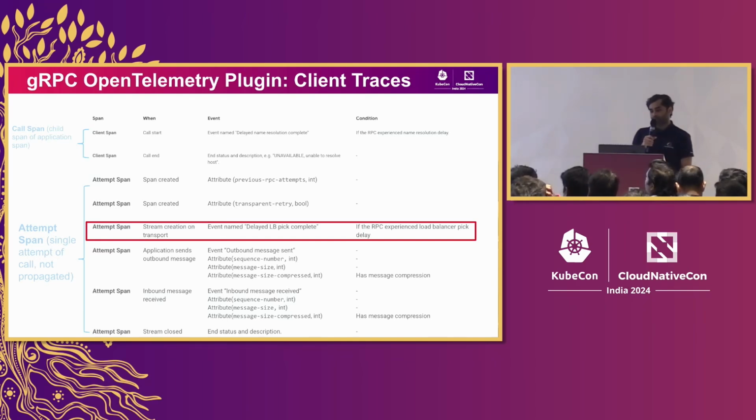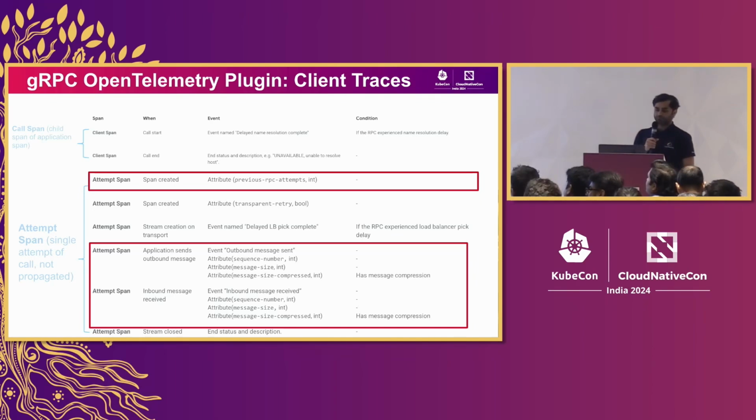Or it could be that the load balancer itself has some performance issues which are not under your control. So maybe the load balancer is overloaded, or there are network issues, or maybe the load balancer is just misconfigured. So if you're seeing this event, that's where you have to look.